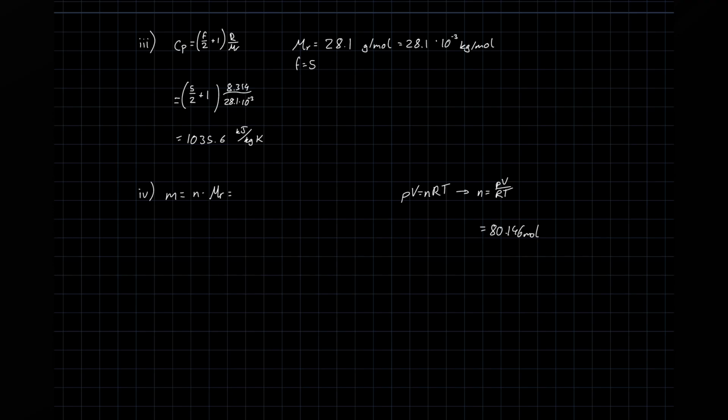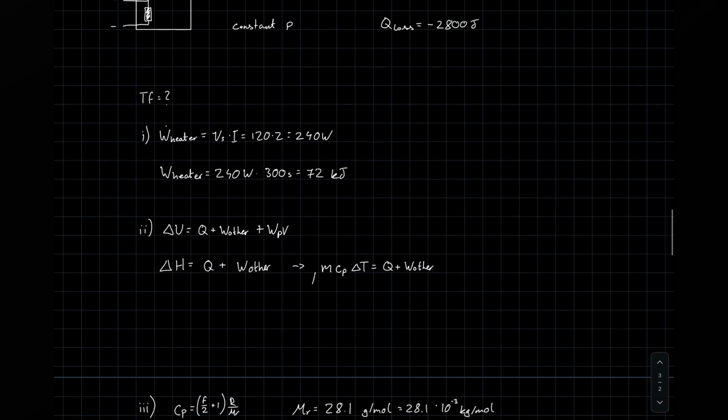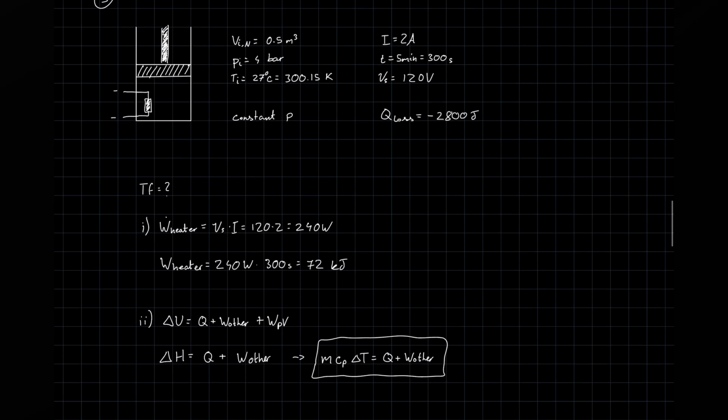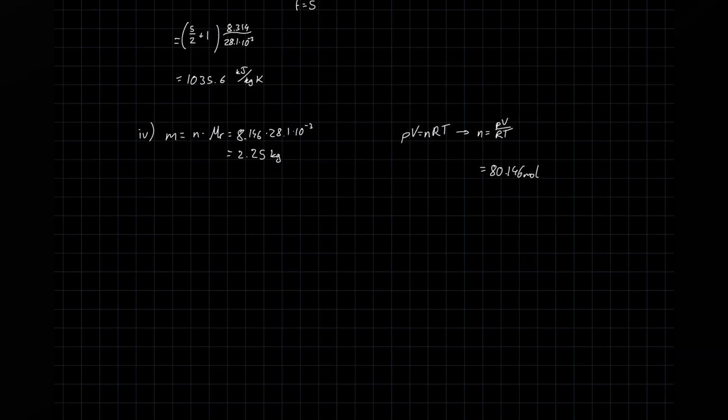So we just need to multiply this 80.146 by 28.1 times 10 to the minus 3, which gives us about 2.25 kilograms. Okay, so now that we have our mass, we can go back to this equation over here, because now we have everything minus our final temperature to actually figure out what's going on.